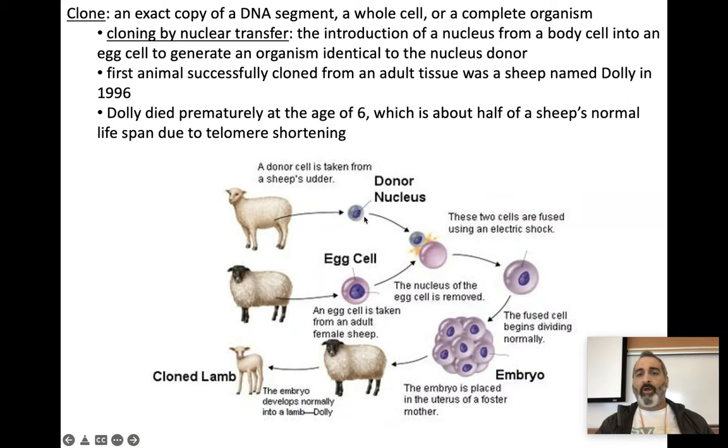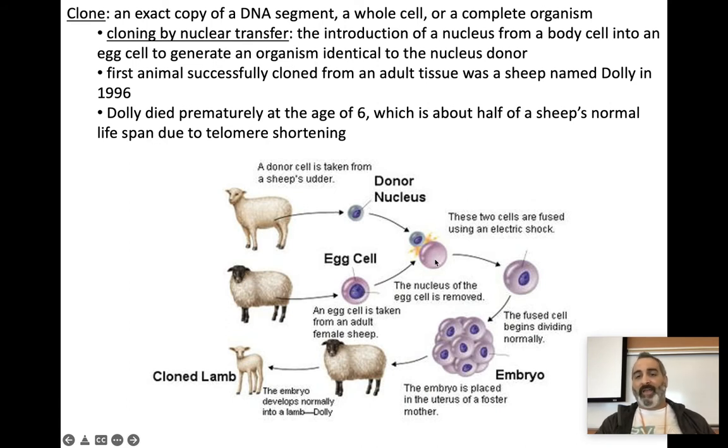But before they take that donor nucleus and put it into an egg cell, they have to remove the old DNA that was in that egg cell, from the egg that was given up by another sheep. So you take an egg, you remove the DNA from it. So the nucleus of the egg cell is removed.